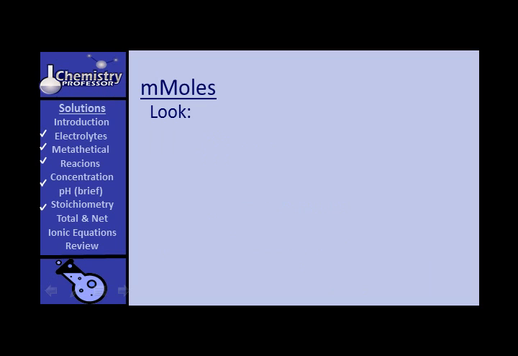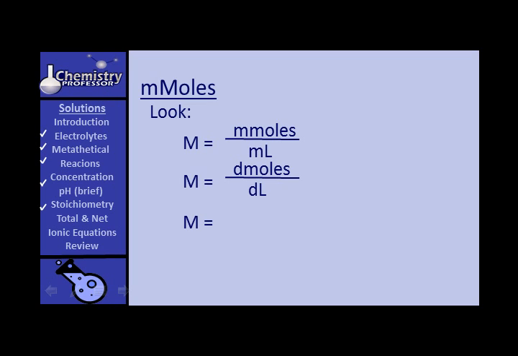Another way of saying this is to say that molarity is millimoles per milliliter. The millis cancel. Molarity is decimoles per deciliter. The decis cancel. Molarity is centimoles per centiliter. The centis cancel. And we could go on and on with this. But you get the idea.